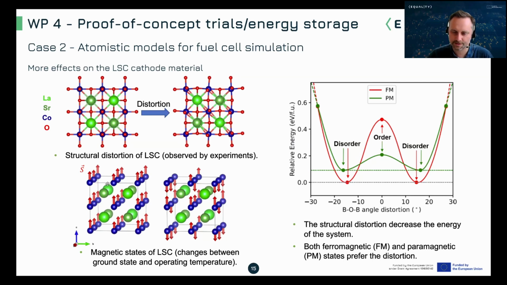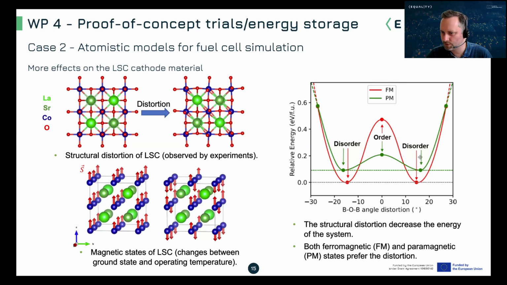And another thing is that such a system is magnetic. So there are two possible extreme states. Here on the left, the ferromagnetic state is shown, so all spins point towards one direction. And the other extreme is the paramagnetic state, where 50% of the spins point in one direction and the other 50% in the opposite direction. You see the paramagnetic state shown here in green.